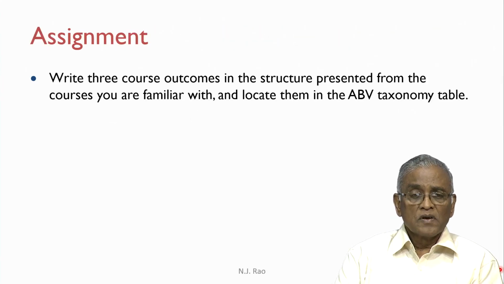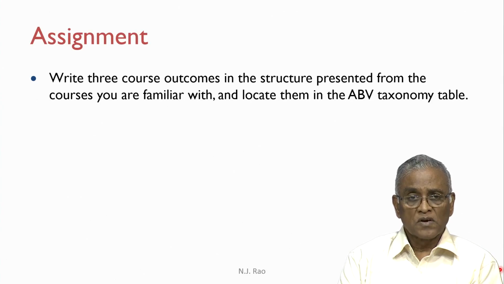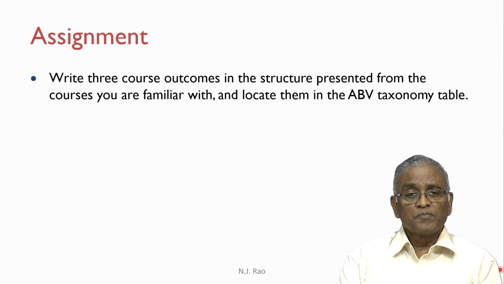Now, based on the current understanding, though we are going to look at many more features of course outcomes, based on the present understanding of the CO or course outcome, write 3 course outcomes in the structure presented from the courses you are familiar with and locate them in ABV taxonomy table.